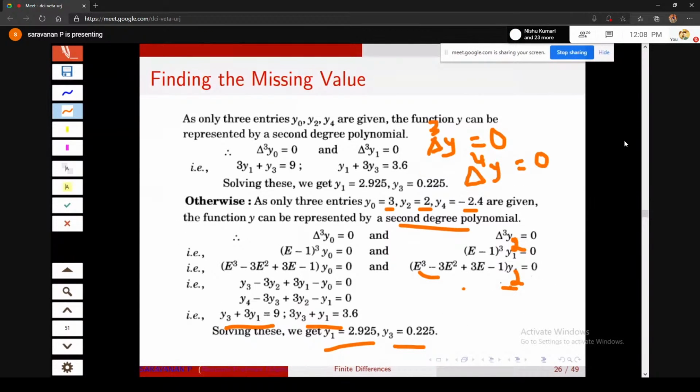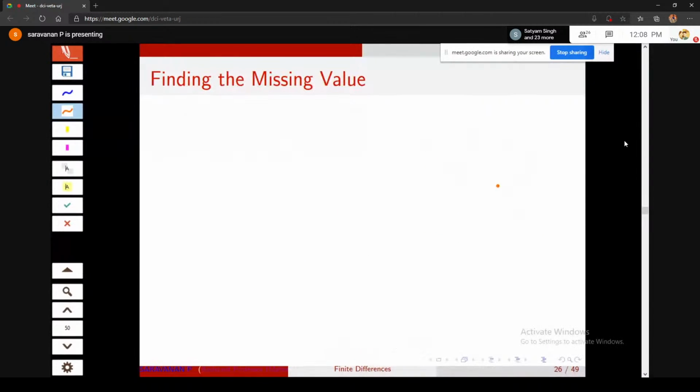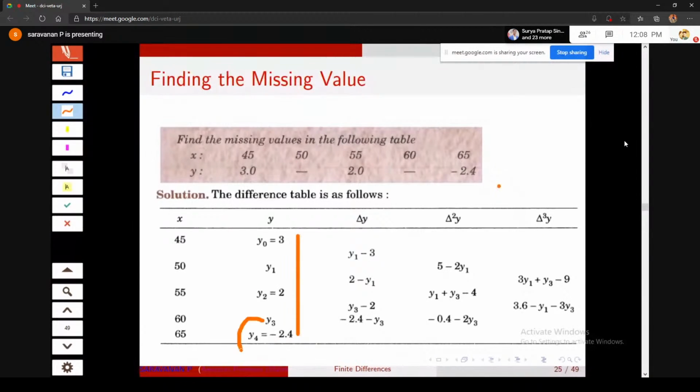Similarly, instead of delta cube, you can take delta power 4 y0 equal to 0. In place of delta, if I replace E minus 1, you will get E power 4. What is E power 4 of y0? Y4. y4 is given in the problem, so there is no problem.